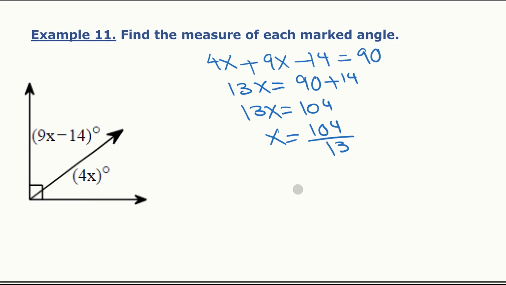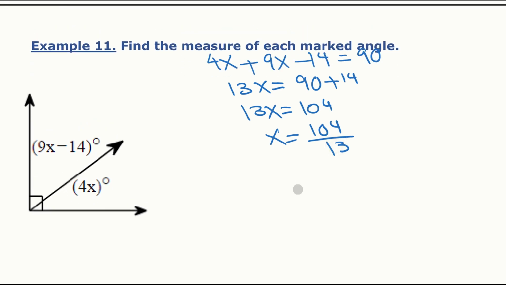Now, be very careful because you don't want to stop yet. That is not what is being asked for. You're being asked for those angle measures. So we can put those like this.